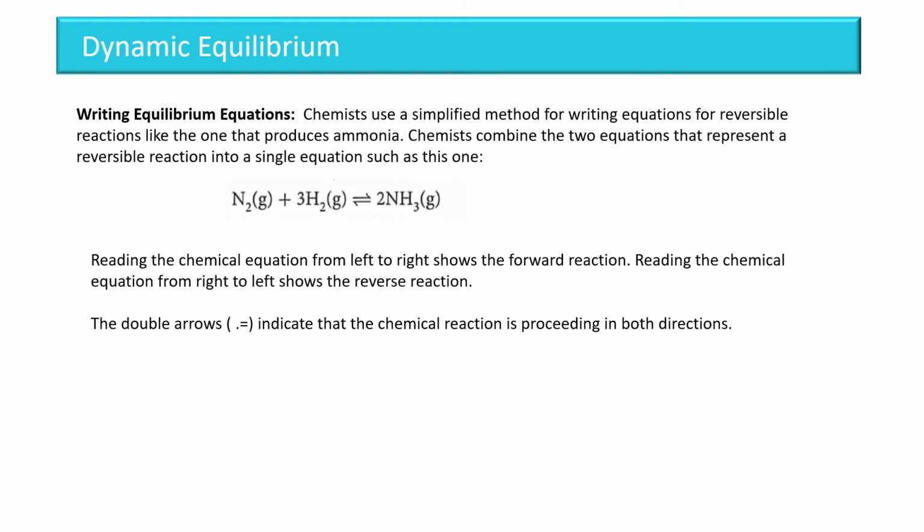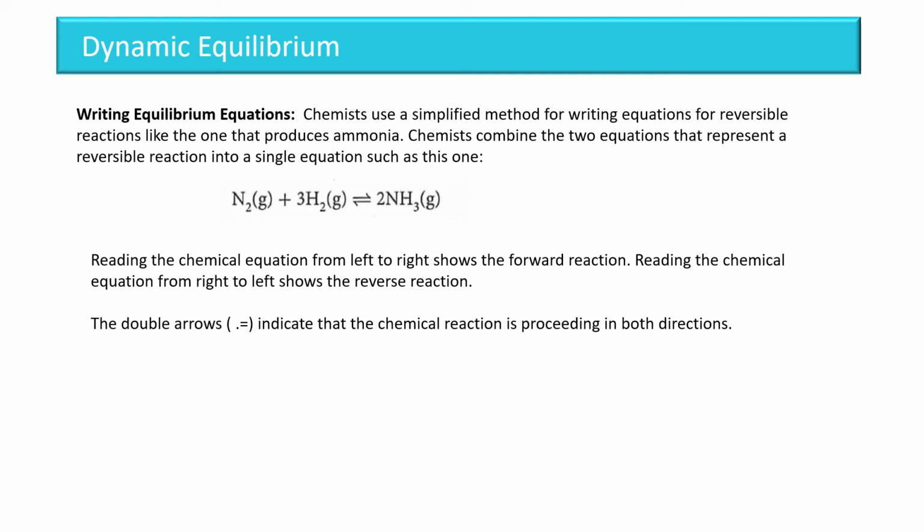So how do we write an equilibrium equation? Chemists use a simplified method for writing equations for reversible reactions like the one that produces ammonia. Chemists combine the two equations that represent a reversible reaction into a single equation, such as this one.